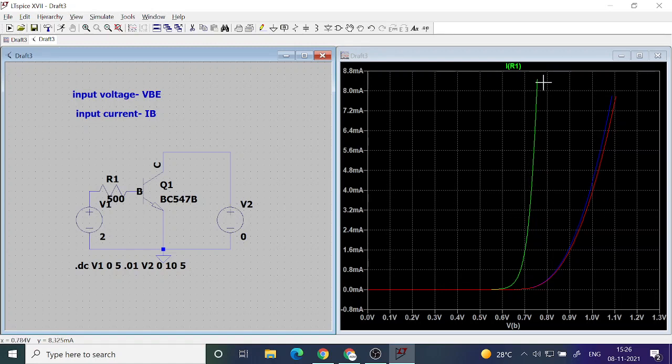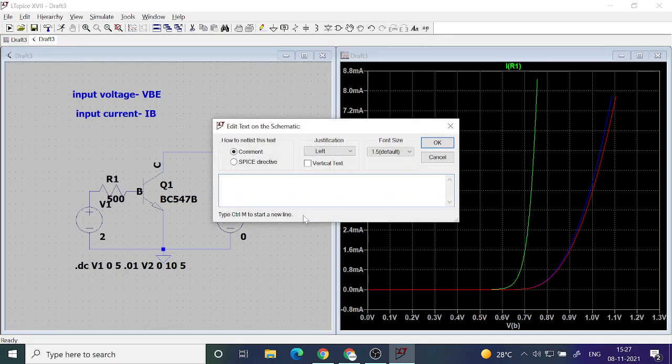The first case corresponds to 0 volt, output voltage V2, that is VCE, the output voltage VCE.